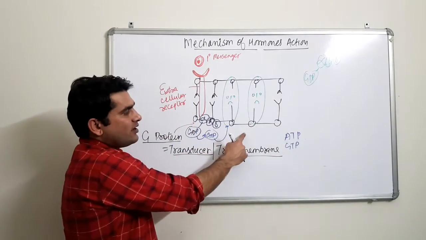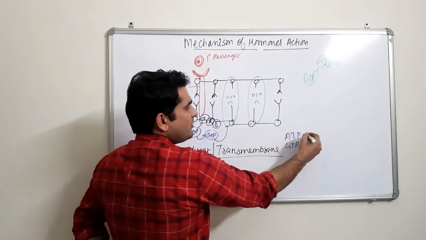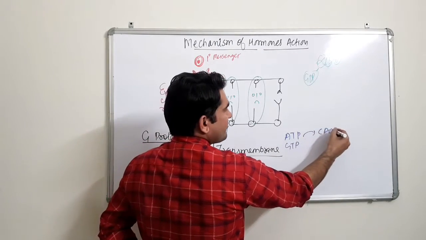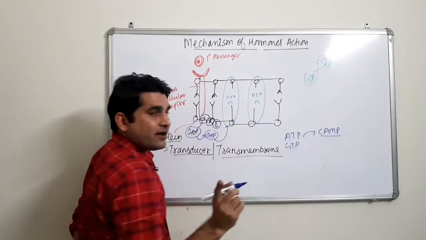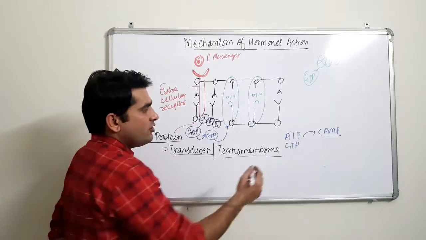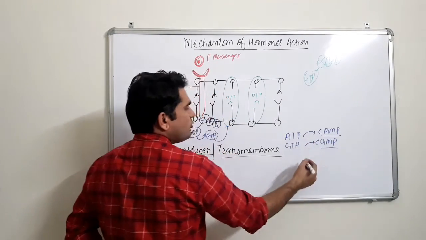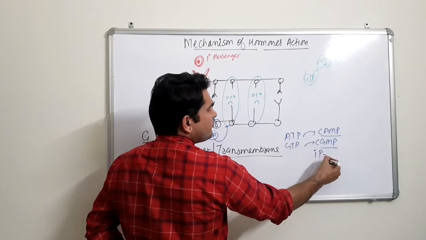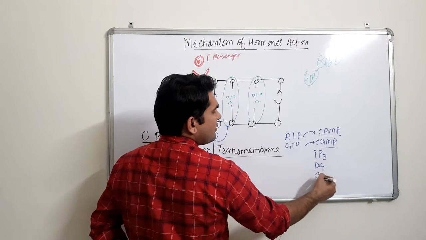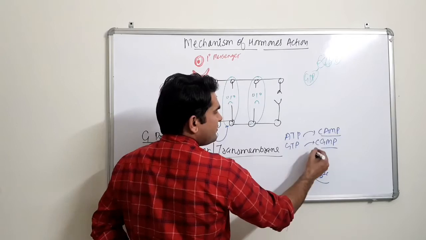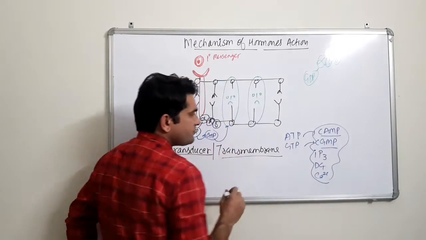The activated enzyme converts this ATP into cyclic AMP. So cyclic AMP is a secondary messenger. GTP into cyclic GMP. Other molecules like inositol triphosphate, DG, calcium, they all act as secondary messengers.